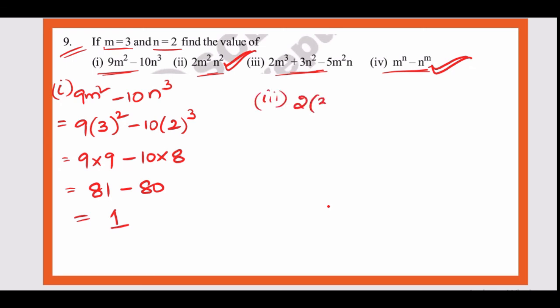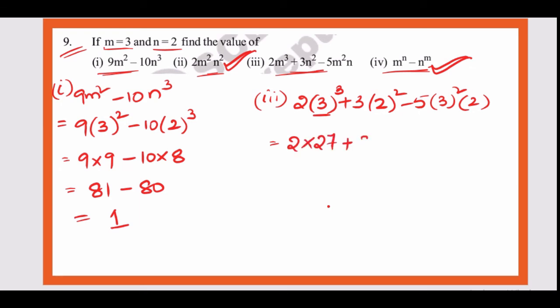So 2 into m cube, m cube means 3 cube, plus 3 into n square, n square means 2 square, minus 5 into 3 square into 2. Now what is the value of 3 cube? So 2 into 3 cube is 27, plus 3 into 2 square is 4, minus 5 2s are 10 into 3 square is 9.